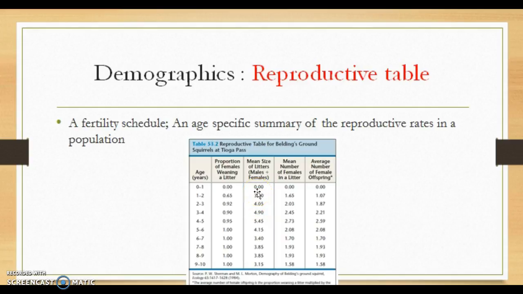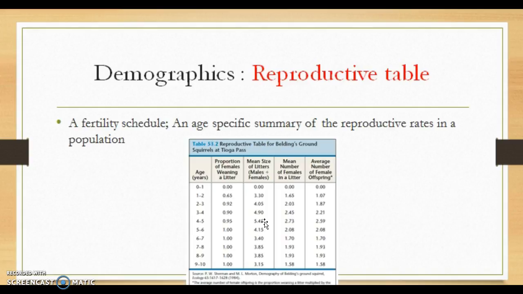Notice that would produce almost a bell curve type graph if we were to graph these out, where most females produce their largest litters right in this range. Can they produce litters younger than age 3? Yes, but they're smaller litters than at age 4 to 5.